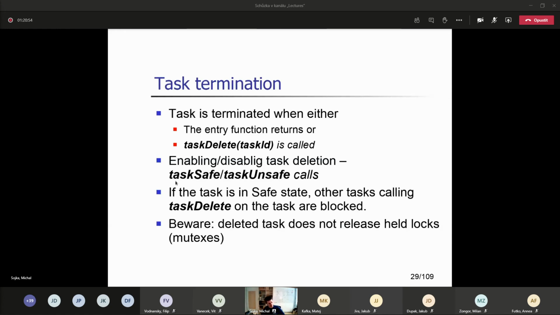I would have to look it up in the documentation. One function is just to disable deleting of the task. Before you allocate the memory, you disable deleting the task, and after you free the memory, you allow it again.